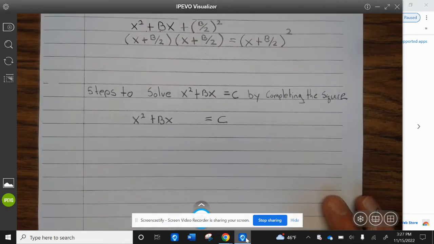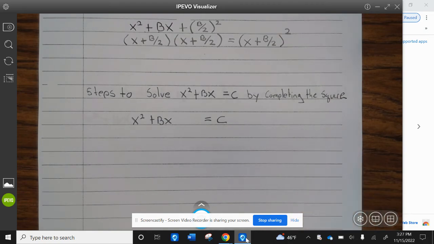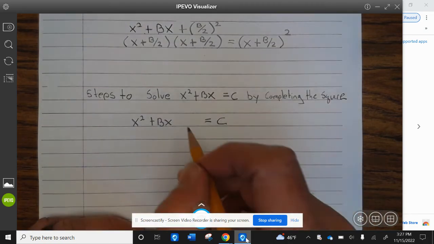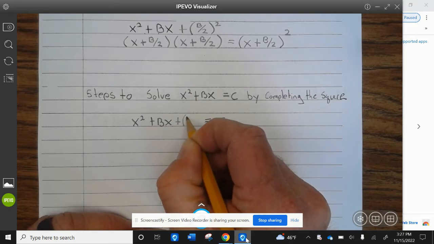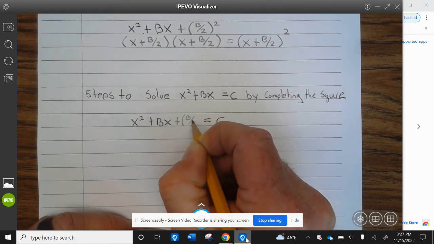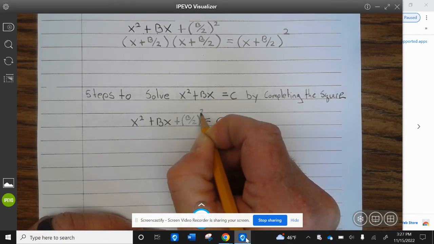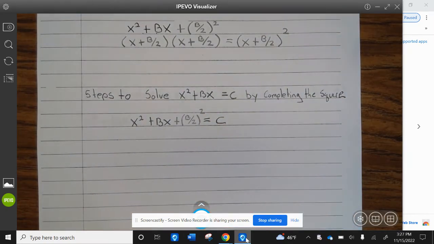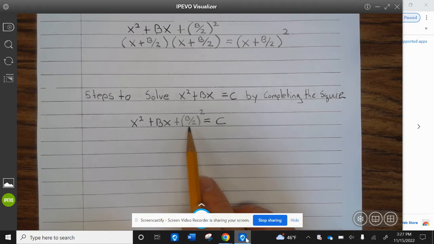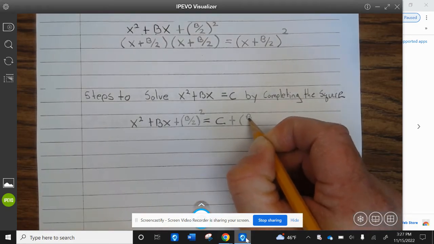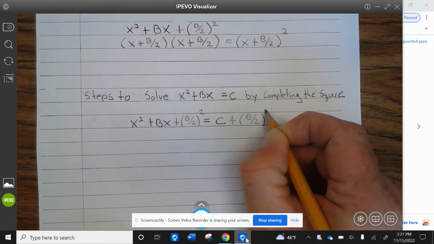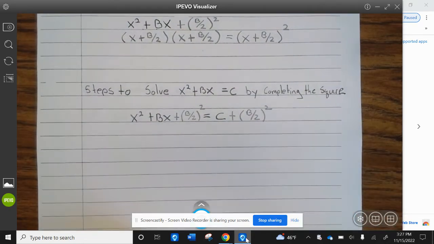Now, steps to solve x squared plus bx equals c by completing the square. So the first thing we're going to do is add b divided by 2 squared here, but because of the equality, what you do to one side, you have to do to the other side. So we need to add b divided by 2 squared to this side.